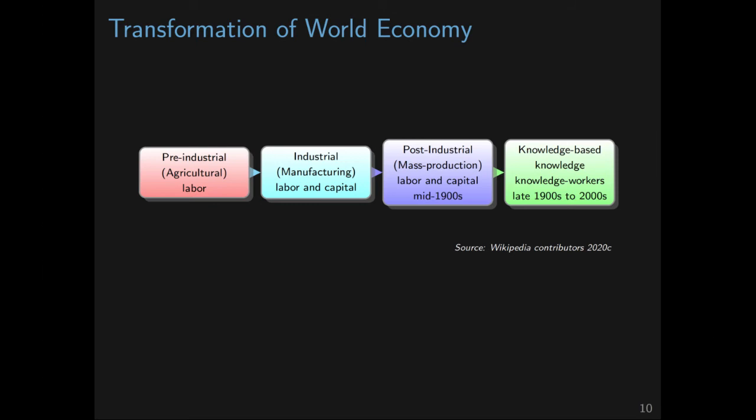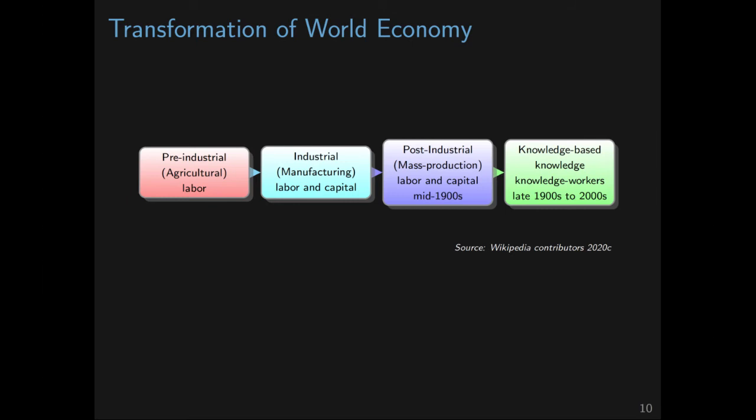In the pre-industrial world economy, the main source of wealth was agriculture, which is a labor-intensive activity. Then the economy became industrial, and the source of wealth is now manufacturing. Manufacturing required such inputs as labor and capital.